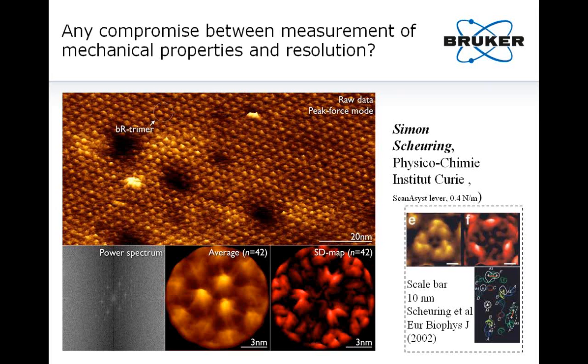They were imaged approximately a year ago by using PeakForce Tapping with cantilevers having a spring constant of 0.4 newton per meter, and you see that the lateral resolution is really good. It's about a few angstroms. I think it's 4 angstroms, and it's even better than what the authors obtained in 2012. So you can clearly see not only the trimers, but also the different subunits, the peptide loops, and by using a specific algorithm you can reconstruct a 3D model of the proteins.